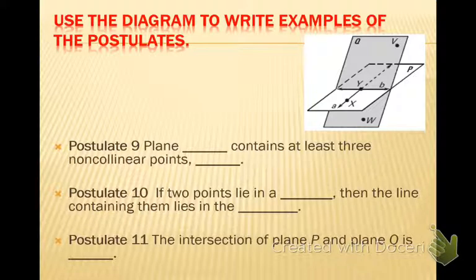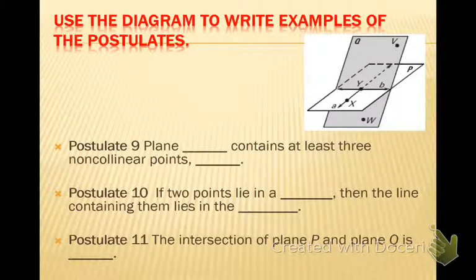Now, the one you have in your notes is this one. So, try this one. Use the diagram to write examples of these postulates. That are already written out, but the first one's not so bad.